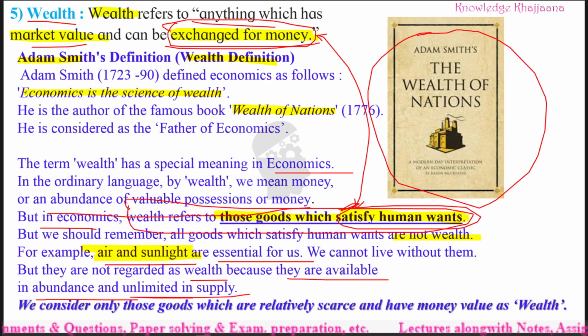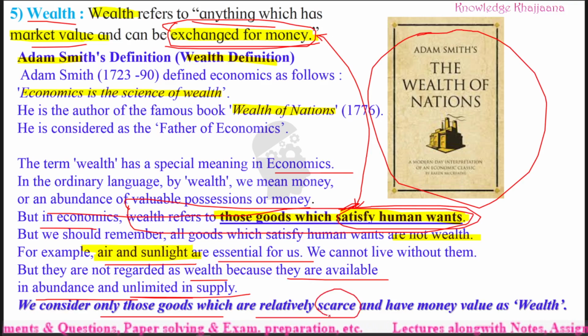Okay, so we consider only those goods which are relatively scarce. See, what is the basic characteristic of the goods which we can consider as wealth? The goods should be relatively scarce. Okay, what is meant by scarce? They should not be easily or freely available. Air and sunlight are abundant and unlimited. So are they scarce? No, because they are freely available. But the goods which are relatively scarce should not be easily available.